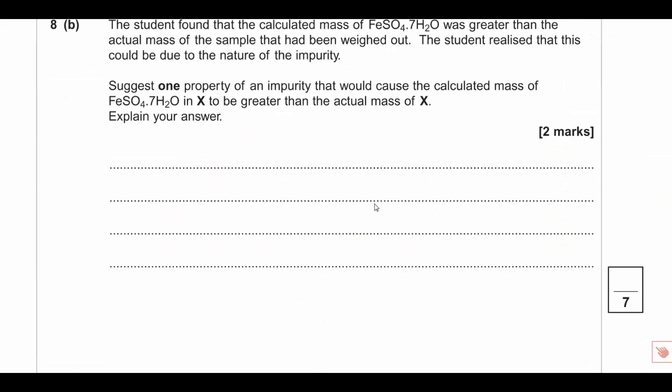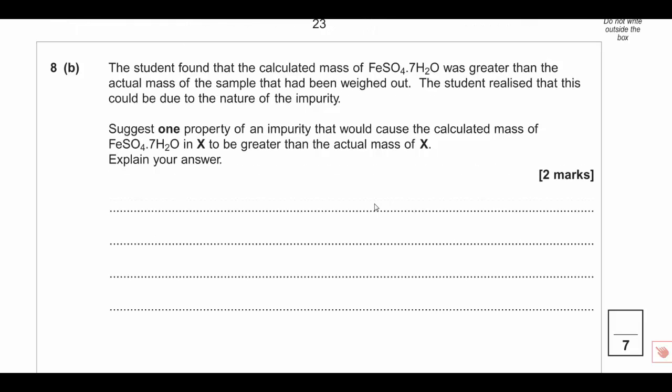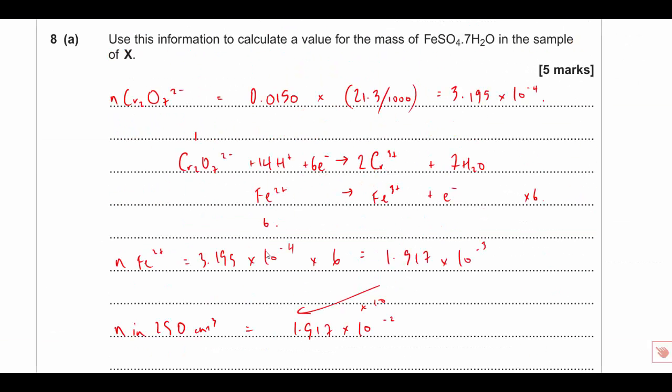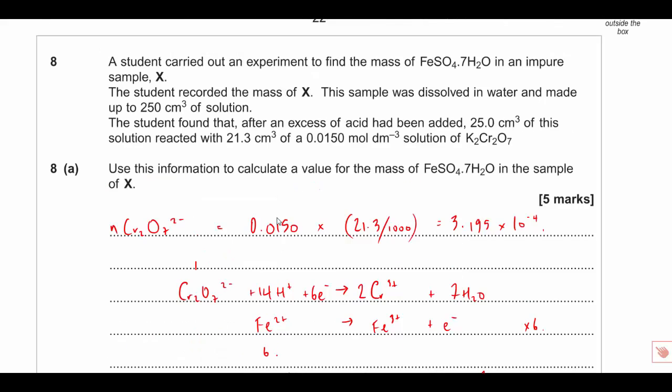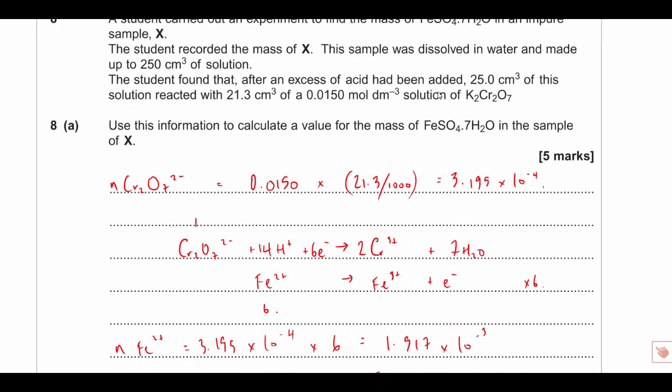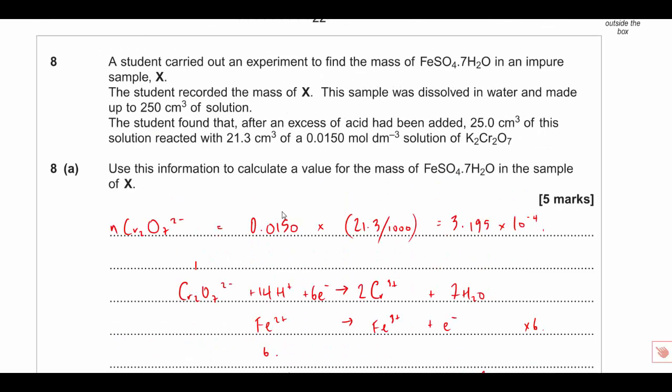Last bit: the student found the calculated mass of FeSO4 7H2O was greater than the actual mass of the sample. What would happen is, what's present here, what's doing the reacting, would need to ultimately react with more dichromate.